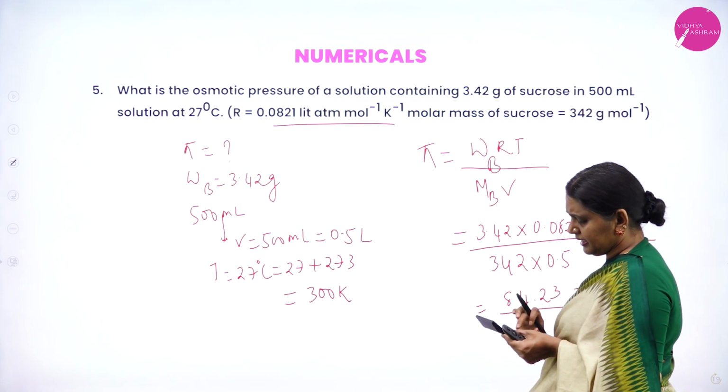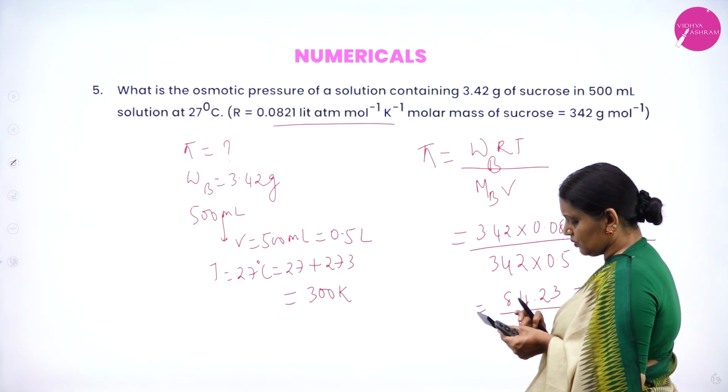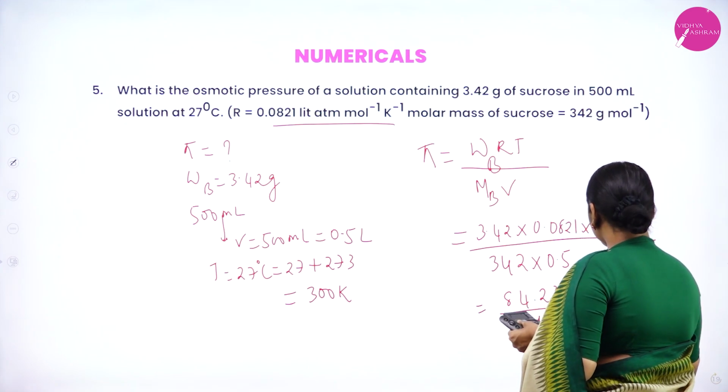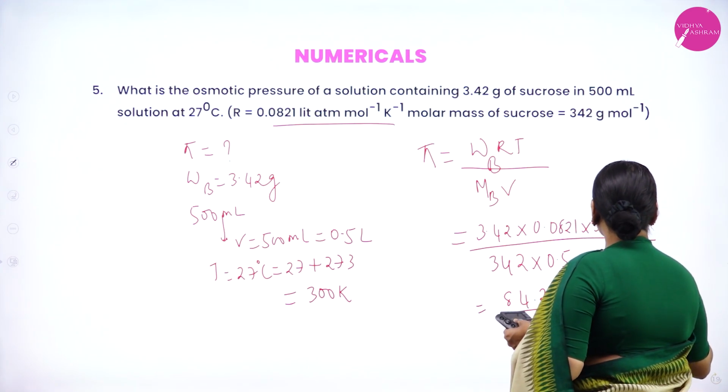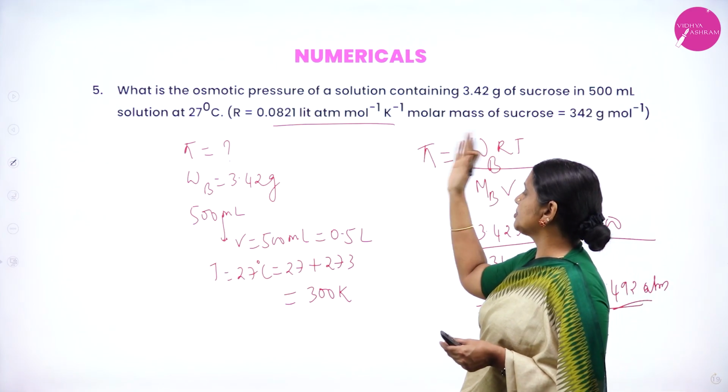So 84.23 divided by 171 is 0.492 atmosphere. That is the osmotic pressure.